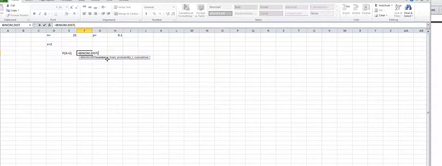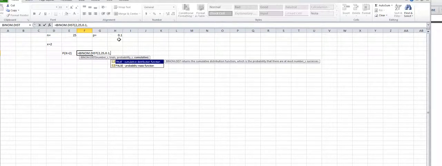The first is the number_s, which means the number of successes, the value for x, so that's equal to 2. The second is the trials, which means the sample size, so we have 25. And the probability_s means the probability of success, that is 0.1.